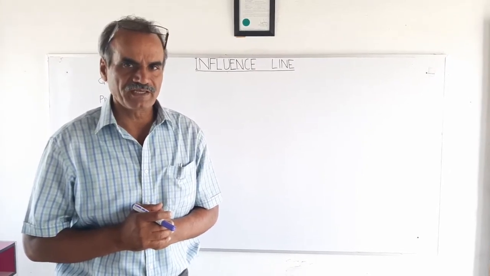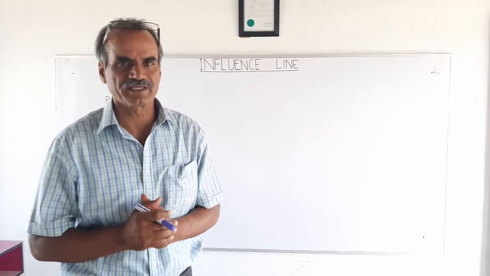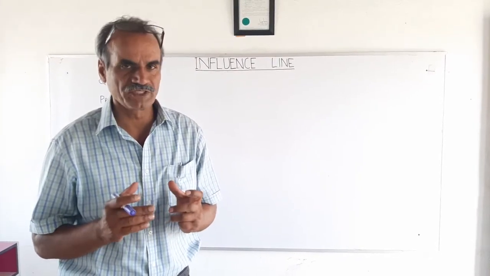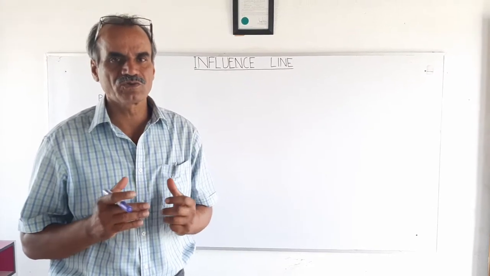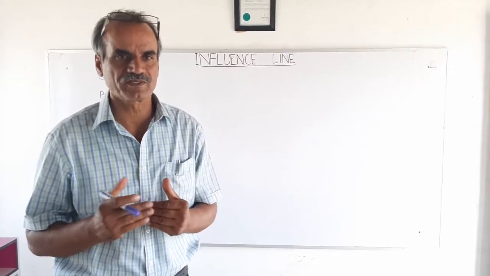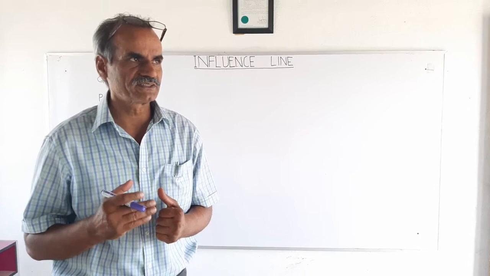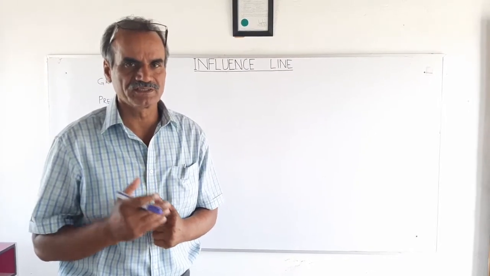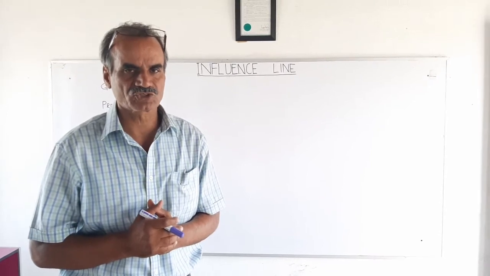So influence line, first I will give you its definition, then I will explain how we draw it and how we use it for our benefit or for our simplicity, so that it can lead us to take quick decisions regarding the response of the structure.